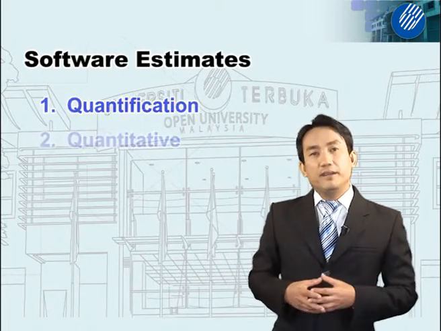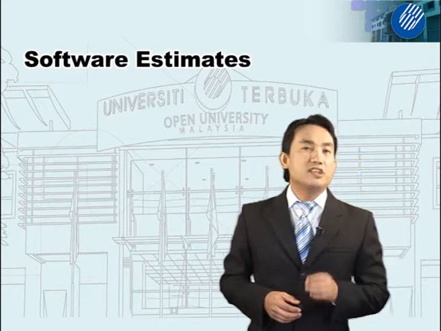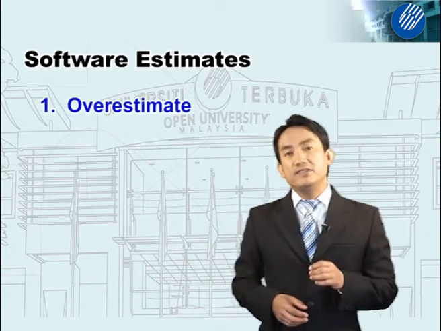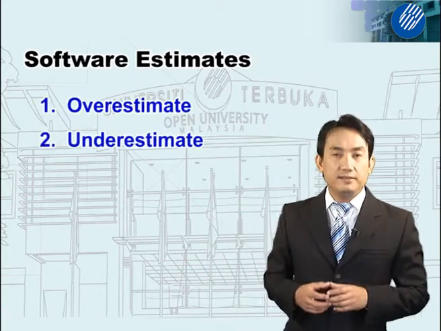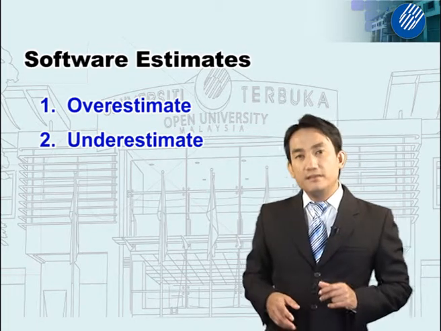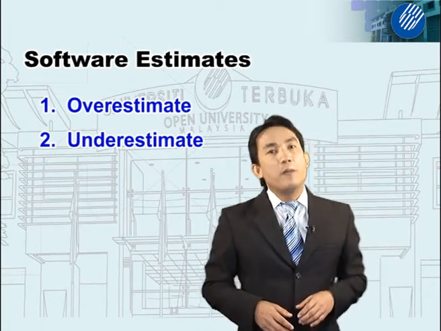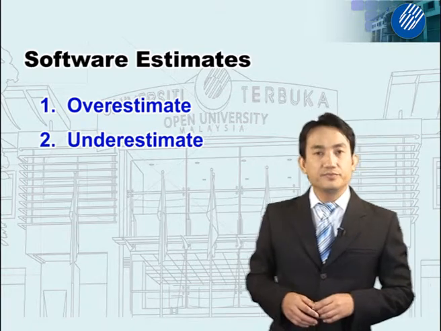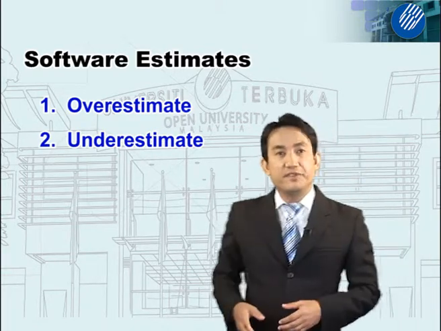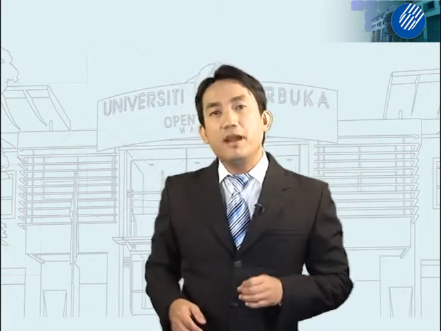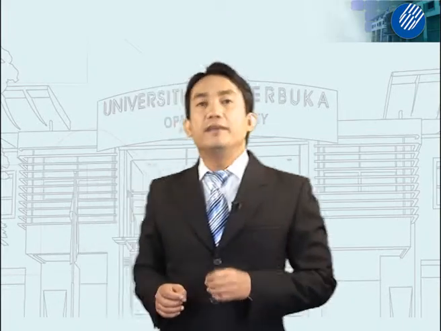When you do software estimate, you have to be careful, especially it may be overestimate or underestimate. This may impact your project in terms of project budget and schedule. Let's discuss this further. Overestimate may take longer than it would. This may cause you additional costs and delay your project.